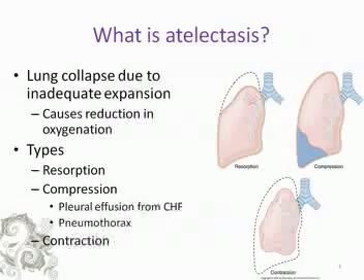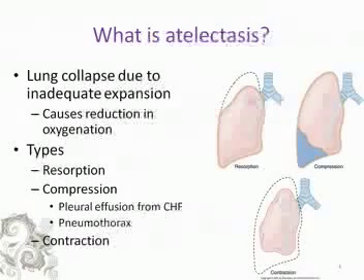Another situation would be a pneumothorax, where during trauma or an event, the thorax cavity becomes compromised, and you have an impalement or an object that compromises the pressure differential, and that would be considered a pneumothorax.